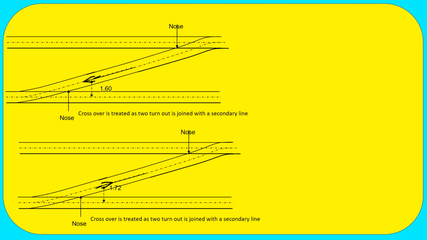You can increase it. That means you can shift it away towards the top main line, but you cannot reduce towards the down main line so that its distance is reduced from 1.60 meter.